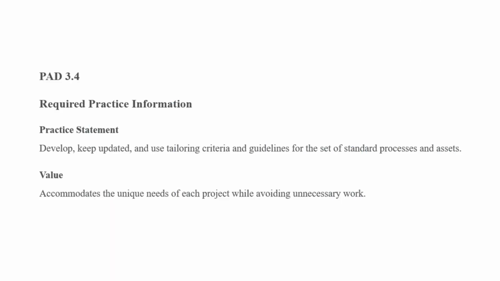When considering organizationally defined processes, tailoring guidelines, PAD 3.4, are of particular importance, as these are the mechanisms that enable a standard set of processes to be tailored to meet the specific needs of an individual project or organizational unit, OU.